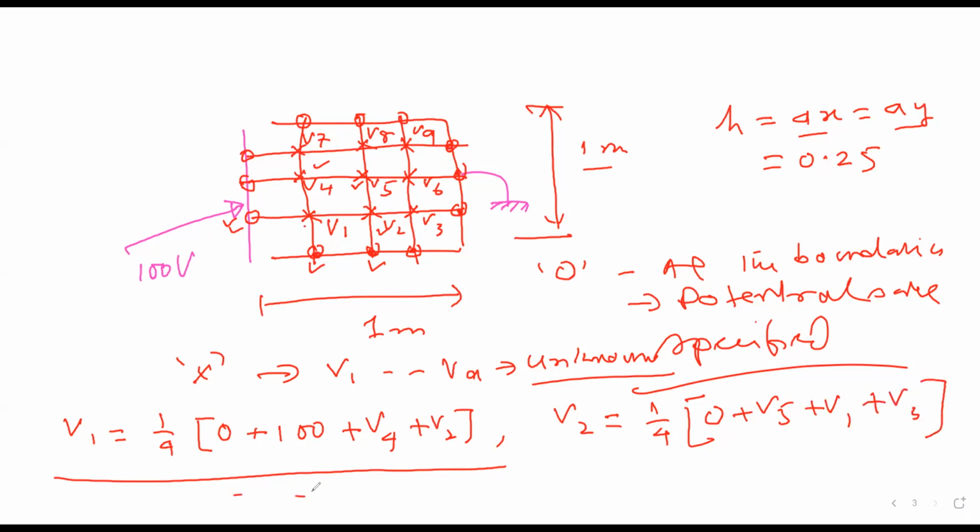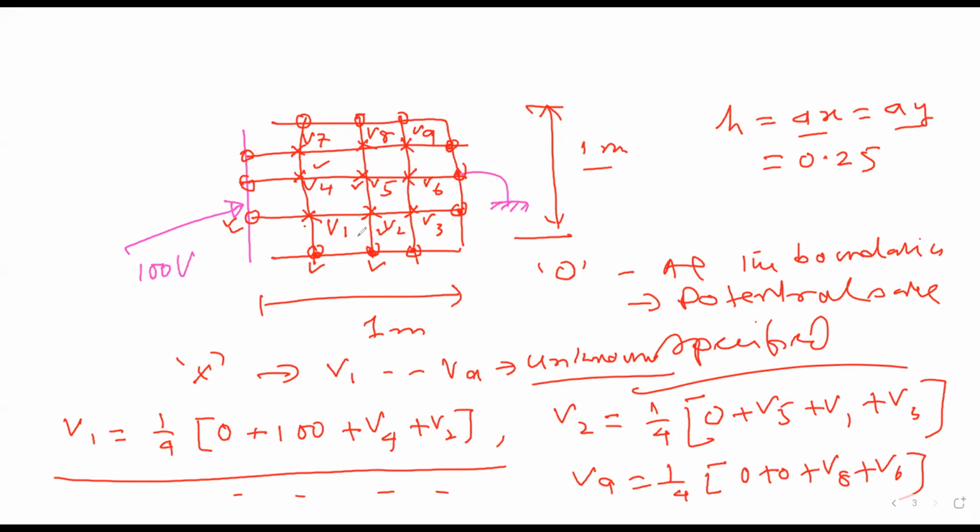In this way, you can go up to V9. V9 would be equal to 1 by 4 times 0 plus 0 plus 0 plus V8 plus V6. So how many equations will we have? If you go in this way to complete it, we'll have 9 equations, isn't it? And in these 9 equations, how many unknowns do we have?